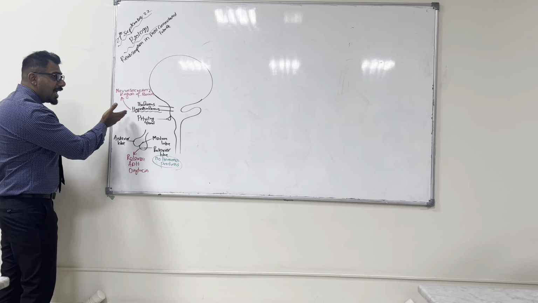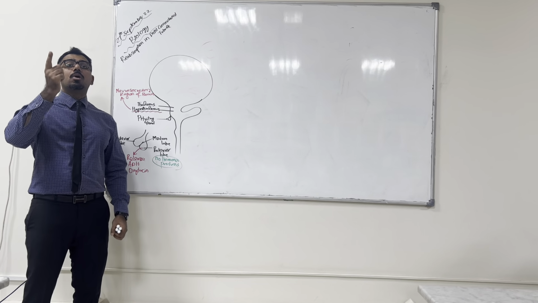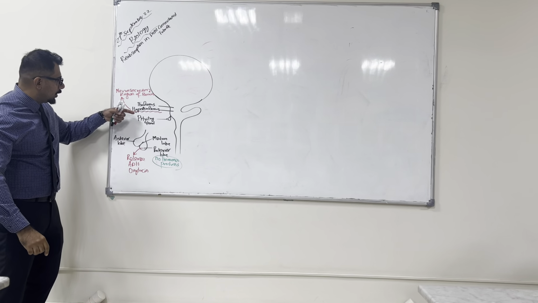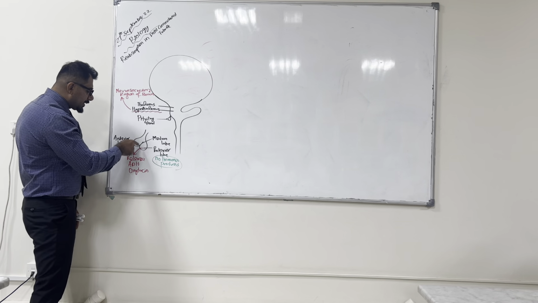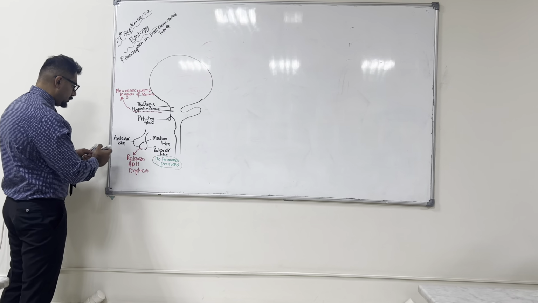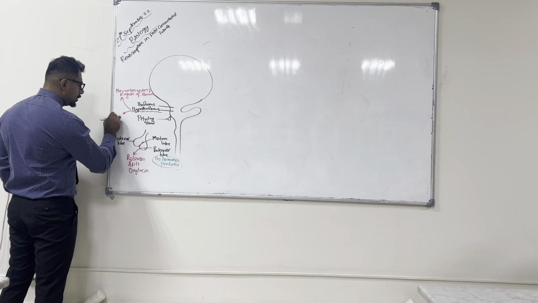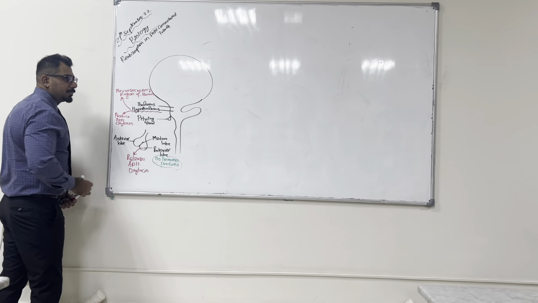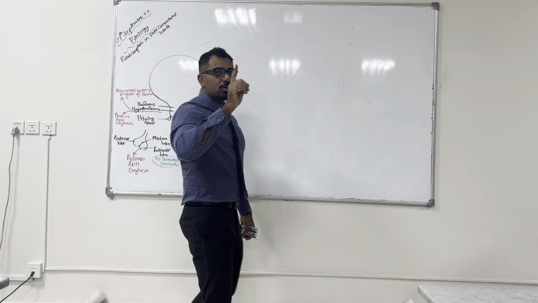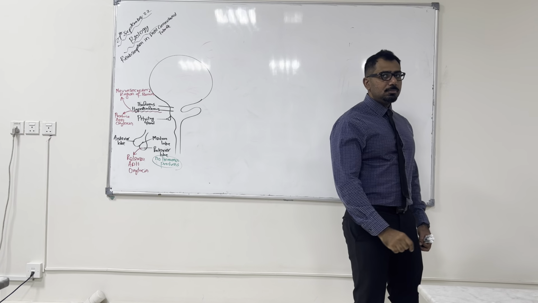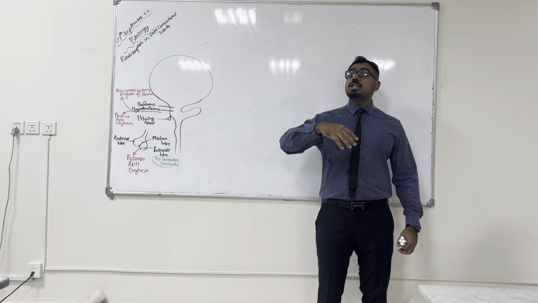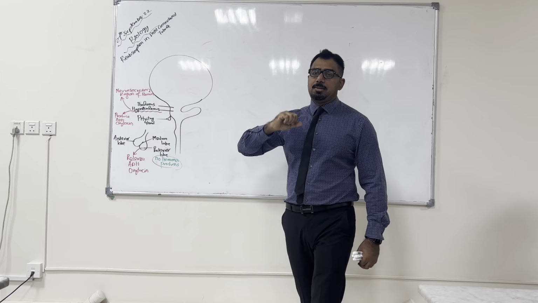And as it is detecting the changes, that is the neuro part of this part of the brain, and it produces ADH and oxytocin. Now let me tell you one more important fact. The hypothalamus does not produce only these two hormones. It produces many other hormones as well.